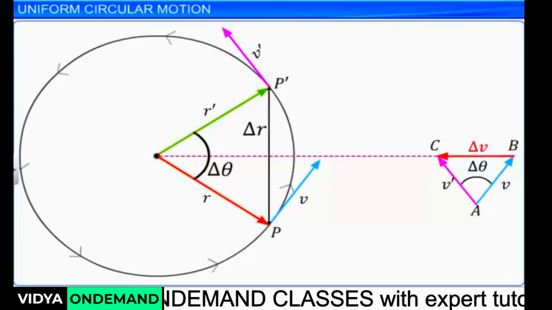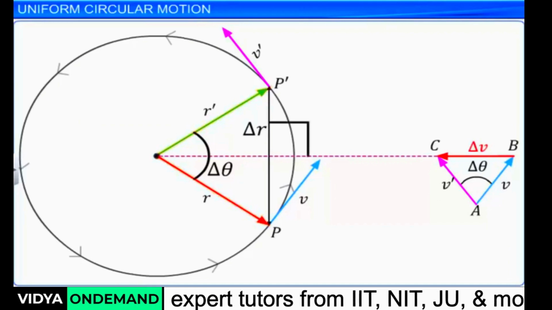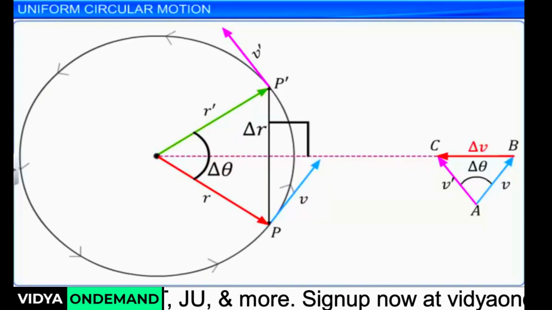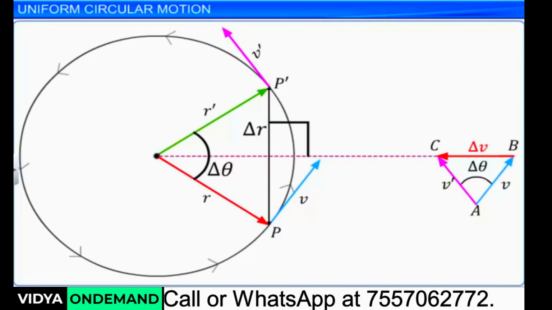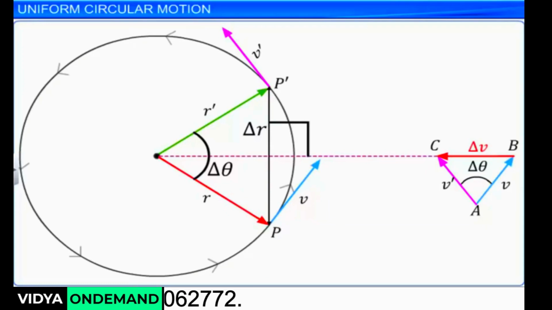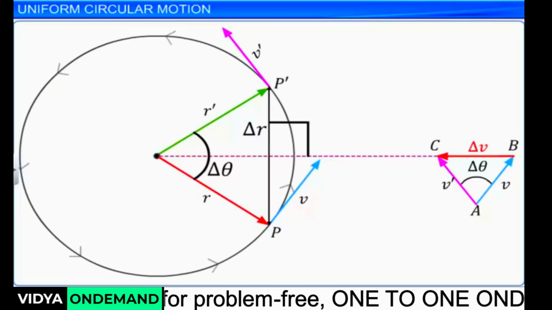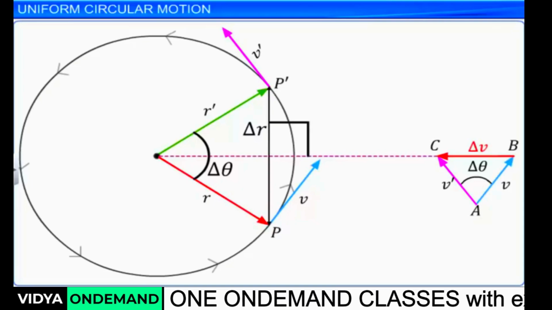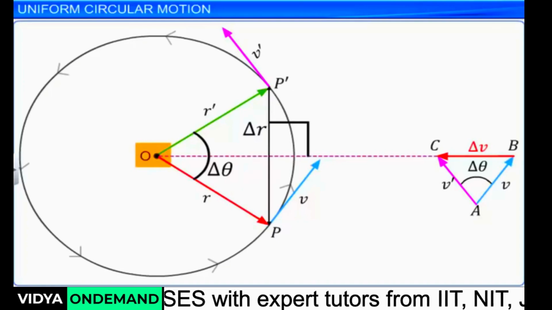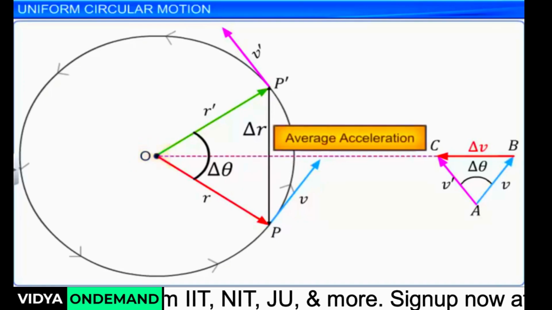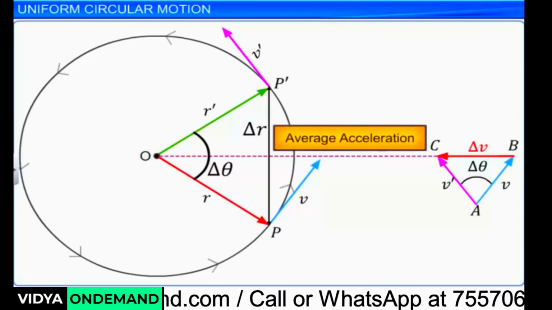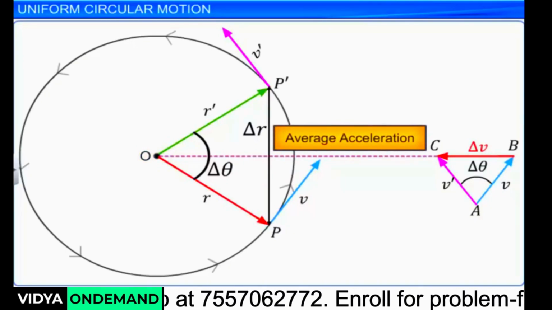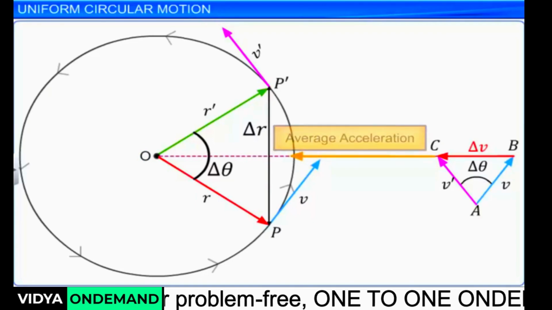If we place delta V along the line which bisects the angle between R and R', the arrow of delta V points towards the center of the circle O. The average acceleration acts along delta V. Therefore, average acceleration a bar is directed towards the center of the circle. We can verify all these by changing the position of the point P'.